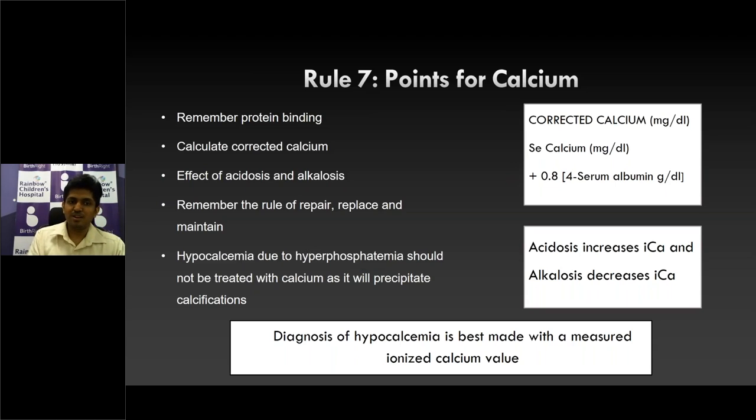Therefore, you have to ensure adding maintenance calcium also. And one more important stress I would like to make is always do a phosphorus along with calcium. If you have a hypocalcemia but it is associated with hyperphosphatemia, this is another condition where you should not give calcium, because when you give calcium in a child with hyperphosphatemia, it would lead to calcium precipitation.